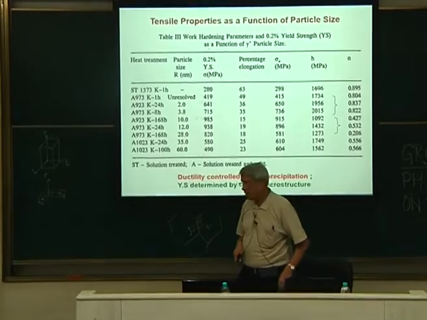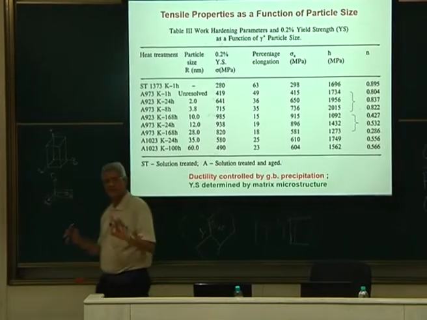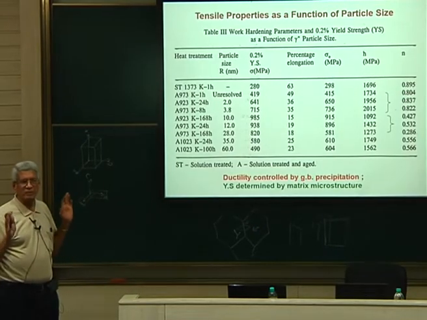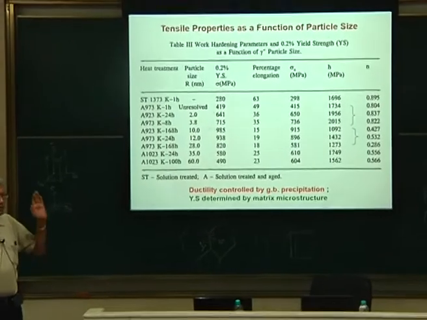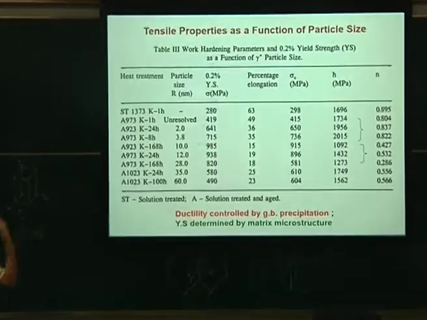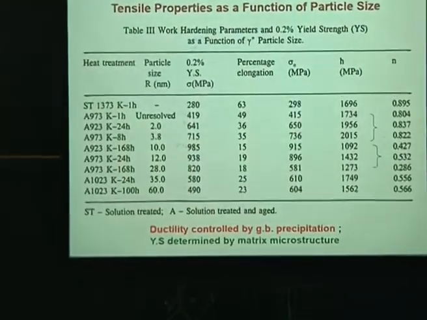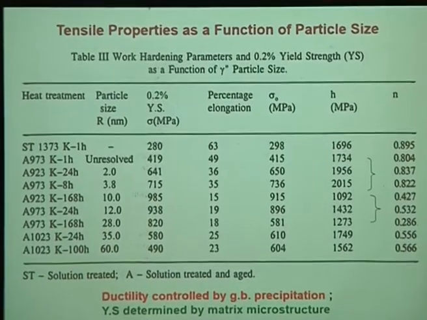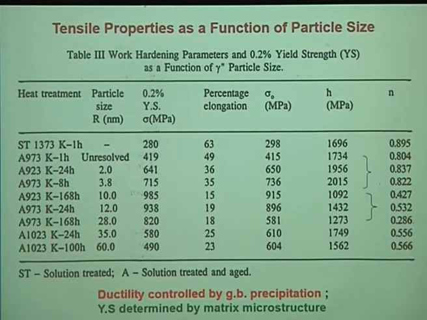So in a nutshell, I have just described what types of phases it can form, and how it transforms from one phase to another during heat treatment. This sample has been given different heat treatments, and we did tensile testing for different periods of time.